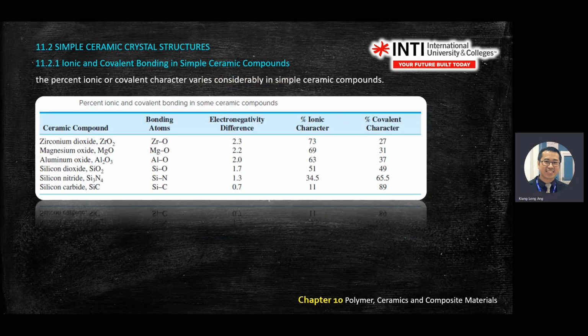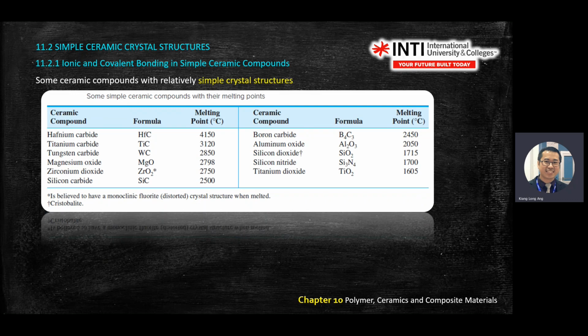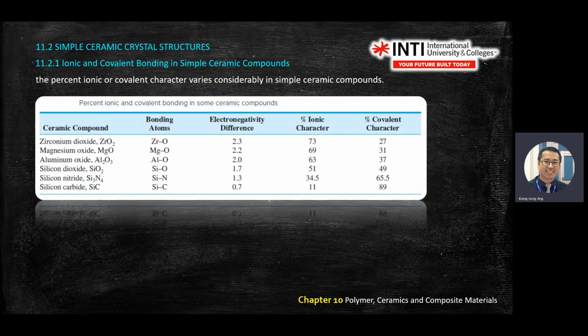And this one is another table for ceramic material. How do you identify whether it is a ceramic material in a chapter 10 question? You look at the name, you already know. Carbide, oxide. Major ceramics, you will have carbide, something oxide, right? And then something oxide, something oxide.